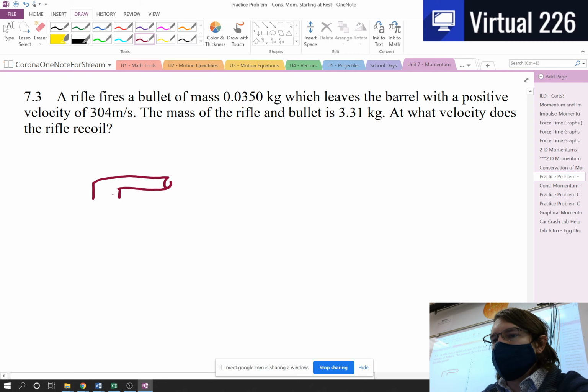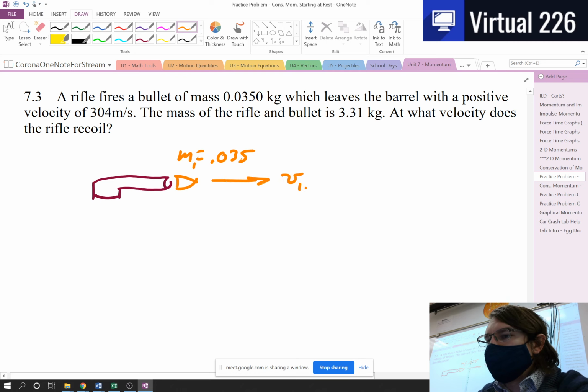I don't know. It's a gun, right? With the bullet, very small mass, we'll call it M1, 0.035, with a very large velocity of 304 meters per second.